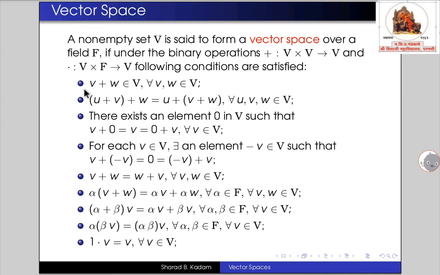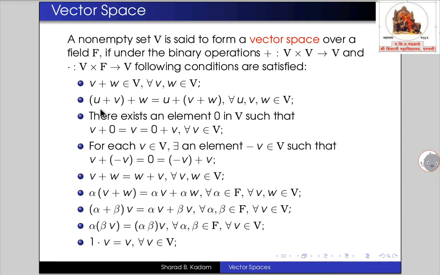First condition is closure property with respect to addition. This property states that v plus w belongs to the set V for every v and w in the set V. Second property is associative property with respect to addition.